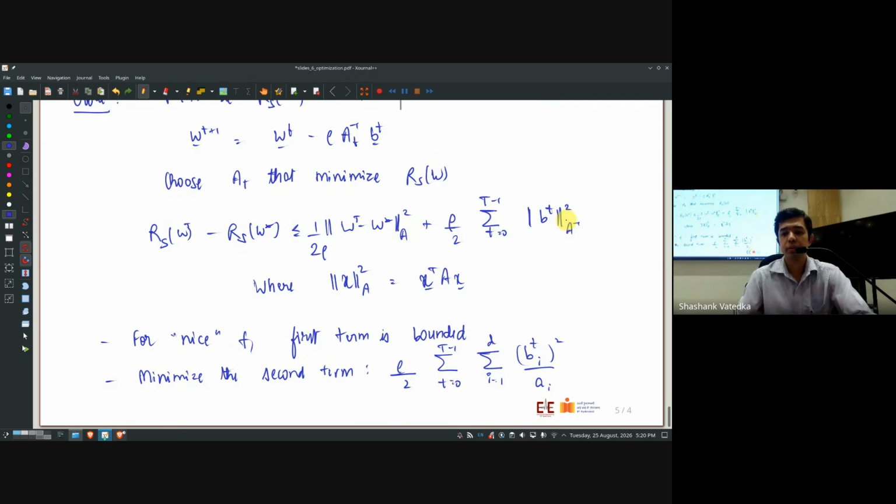Because this A inverse is a diagonal matrix, which has diagonal entries 1 over a_i, and what you have over here is b_t transpose A inverse b_t, and the norm square just happens to be b_i,t square times a_i divided by a_i. That's it.